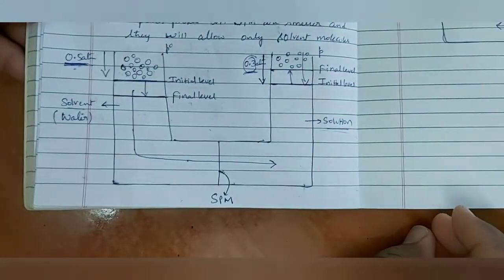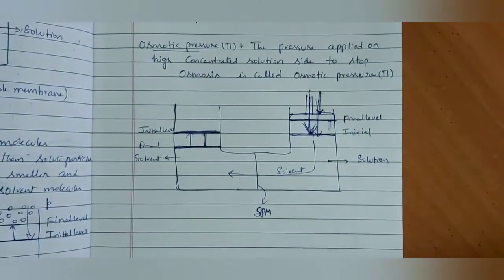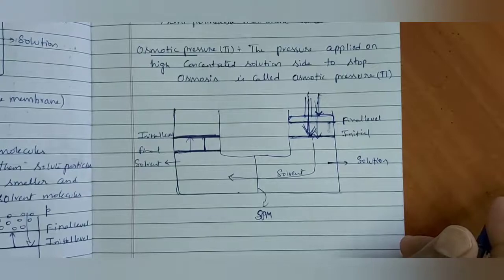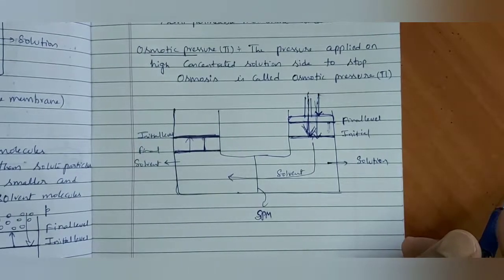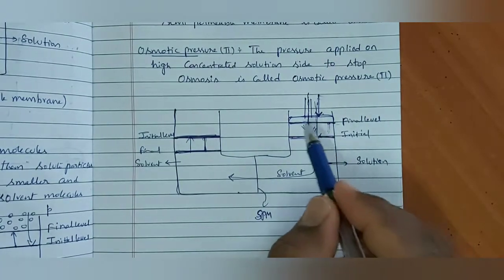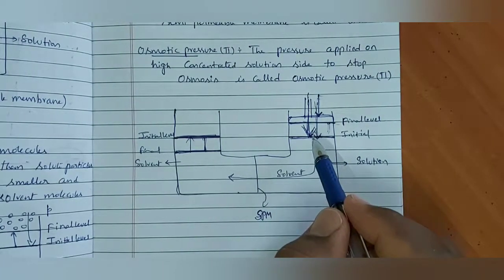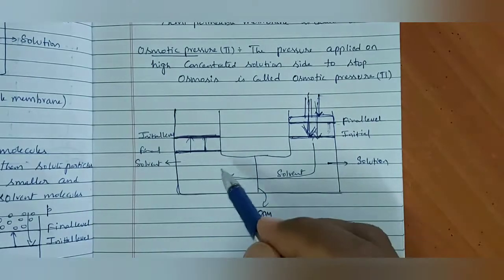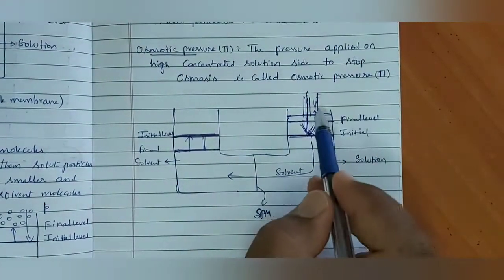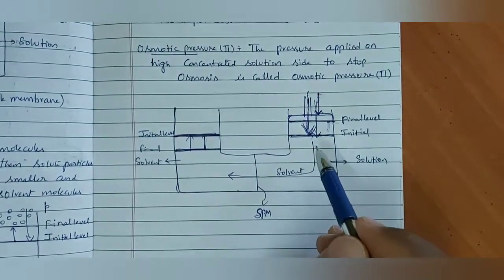Now coming to the definition once again. The pressure applied on the highly concentrated solution side to stop osmosis is called osmotic pressure. How much pressure is required on the solution side to stop osmosis? The movement of solvent molecules, I want to stop by applying some pressure on the solution side.